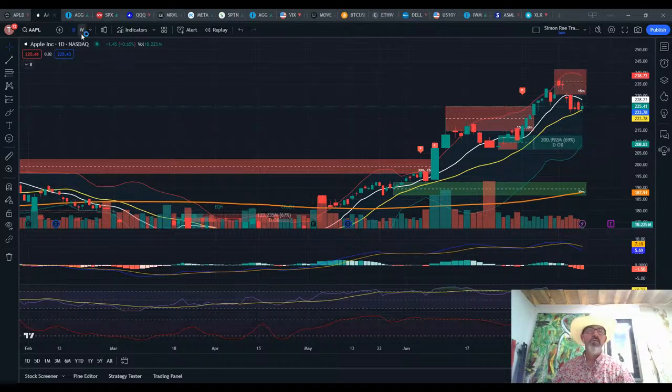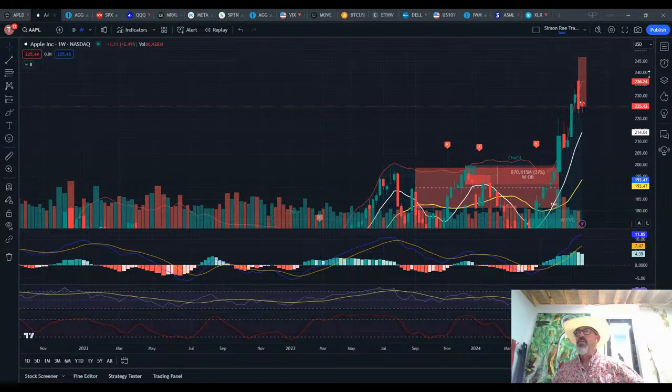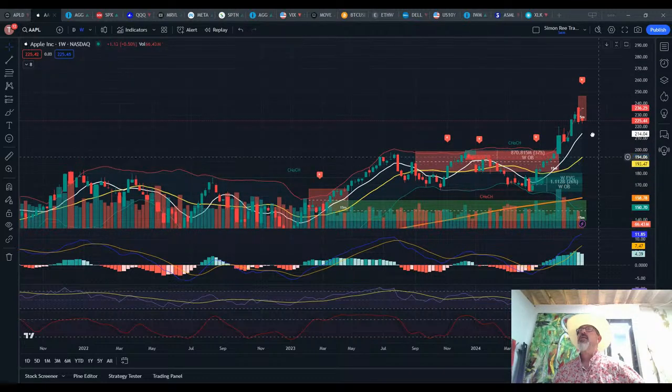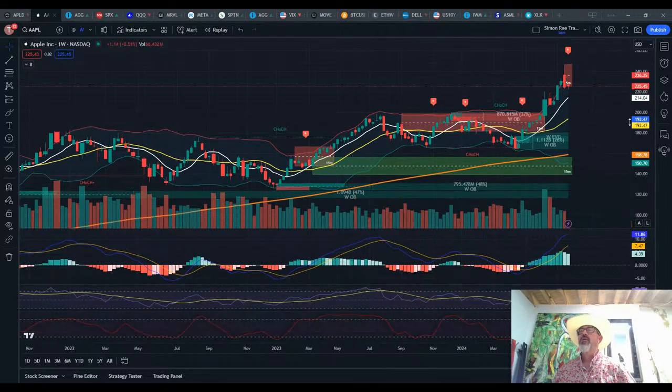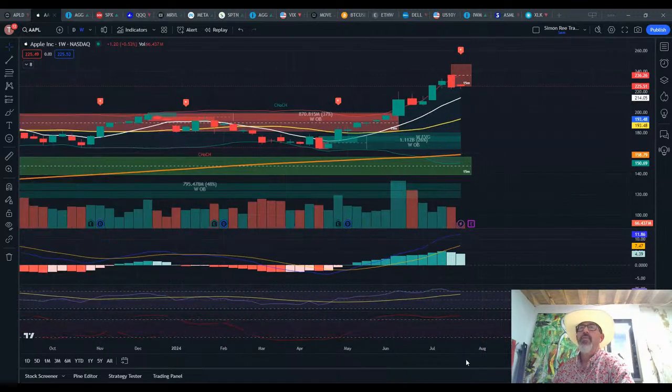On a weekly basis, once again, last week was a bad week. This week, sort of a mixed bag. I mean, you can't really base the week off 2 days, so let's don't. And so the MACD is still positive. The RSI is positive. Slow stochastic is positive. We're above the 9.